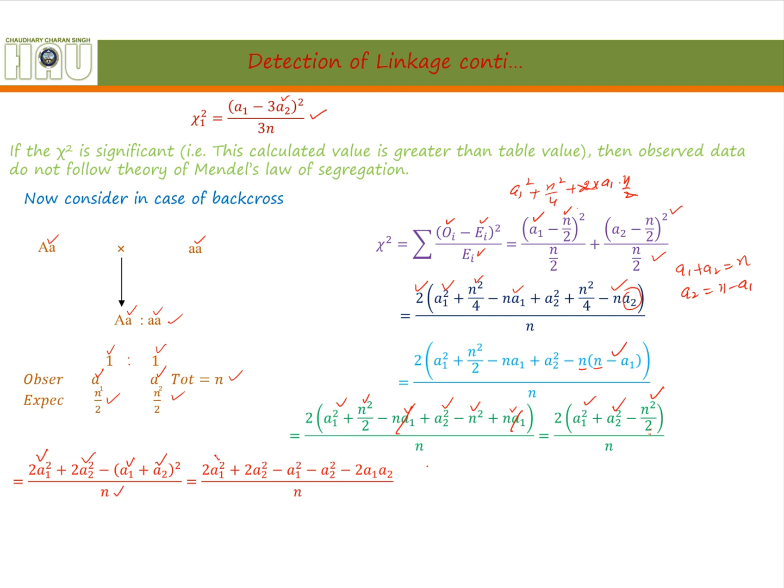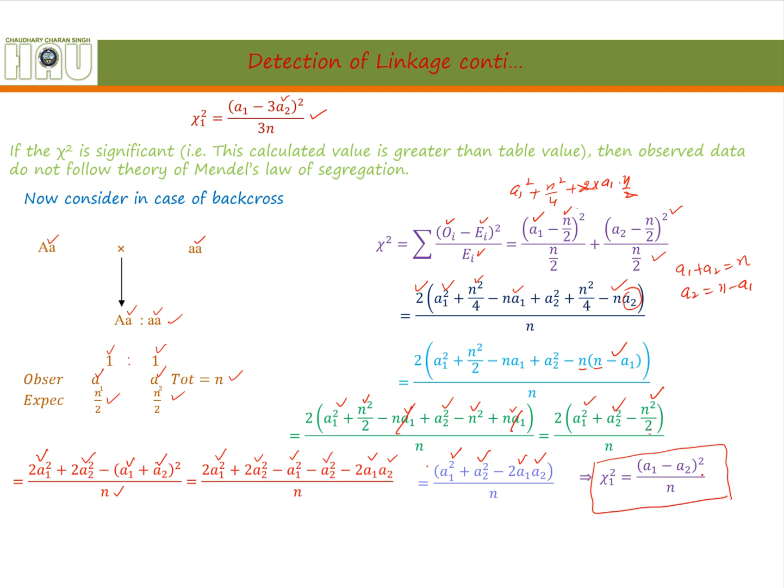So it is twice A1 square plus twice A2 square, minus A1 square, minus A2 square, and minus twice A1 A2. And if I further simplify it, it becomes A1 square plus A2 square minus 2 A1 A2. This is nothing but (A1 minus A2) whole square by n.